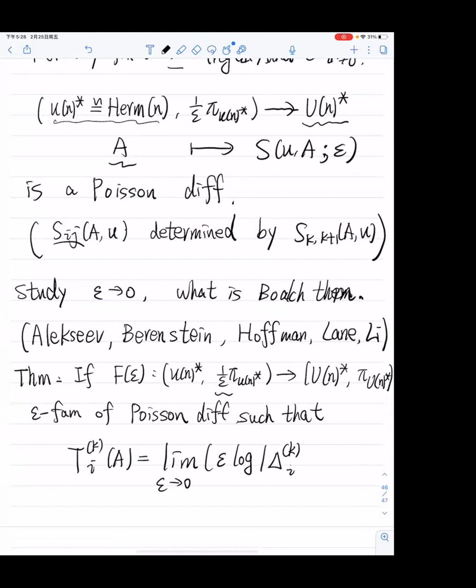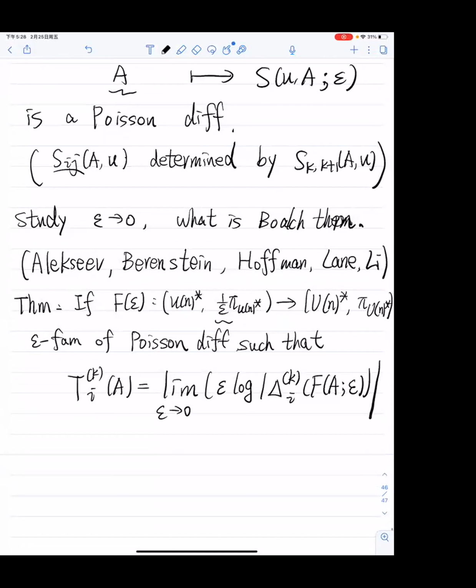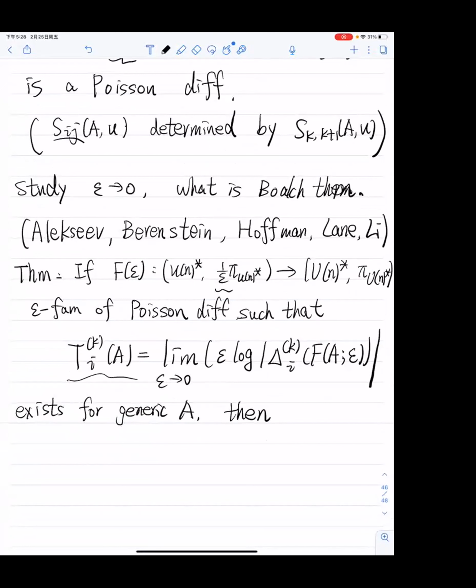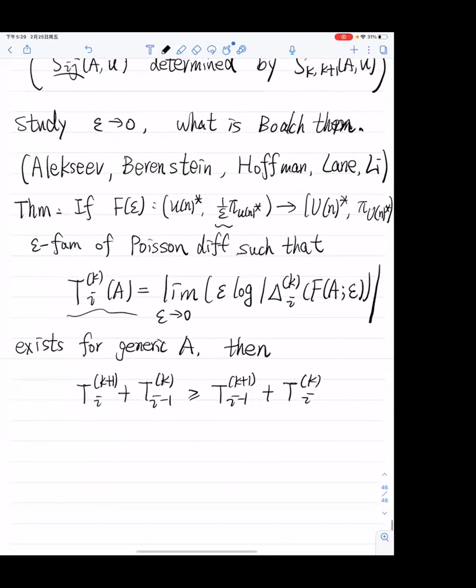We can basically insert this diffeomorphism to be the Stokes map, the Riemann-Hilbert map, which exists for example for generic A. Then they show that if this limit exists, then for each A, the limit should satisfy the Rhombus inequalities for all the k and i's.